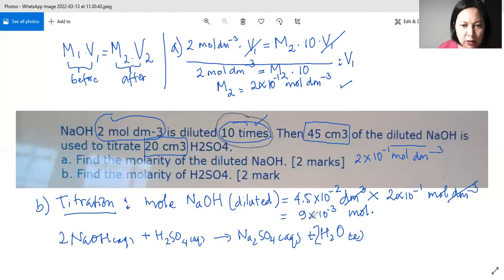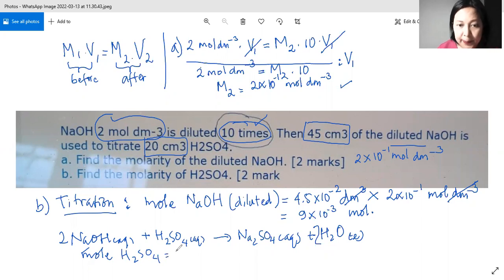If we already know the mole of diluted NaOH, then from this balanced equation we know that 2 moles of NaOH are equivalent to 1 mole of sulfuric acid. So the way we find the mole of sulfuric acid is half of it, because the mole ratio is 2 to 1.